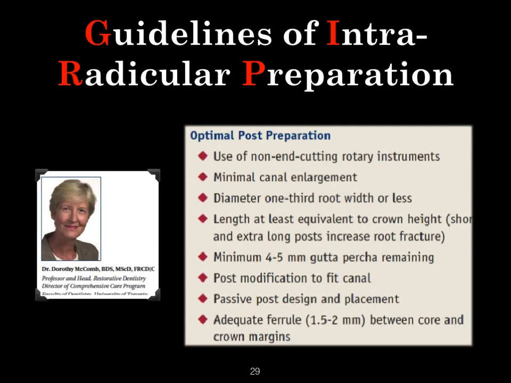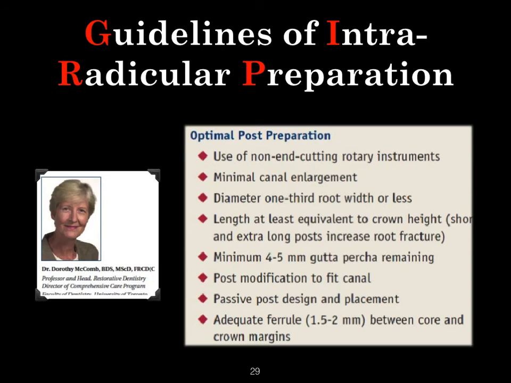So the main guidelines for intraradicular preparation are to use a non-end cutting rotary instrument, to do as minimal canal enlargement as possible after the root canal cleaning and shaping.